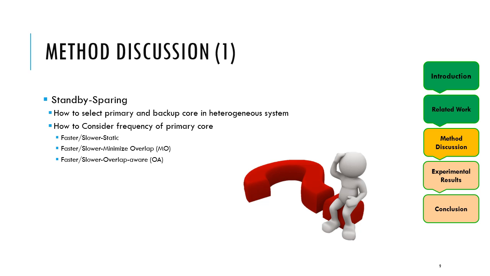Heterogeneous systems can have different power and energy outputs by executing the tasks on the different islands. On the other hand, choosing the proper frequency has a great impact on power and energy consumption and also on reliability. For this reason, the methods proposed using the standby sparing technique consider the type of core and frequency value.